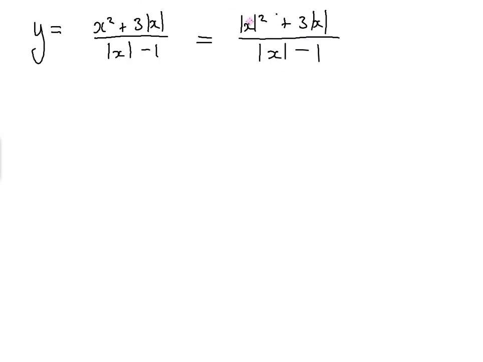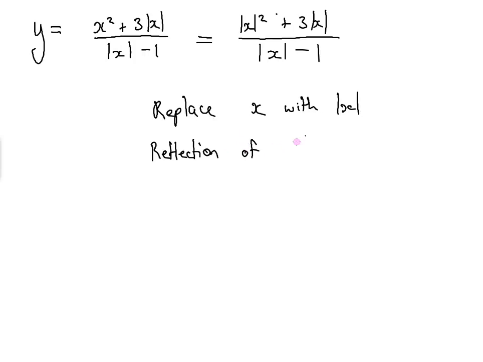So this is just the replacing. All we've done now is replace x with the absolute value of x. And we know what type of transformation this is. This is a reflection of half of the graph, of the positive x half, about the y-axis.